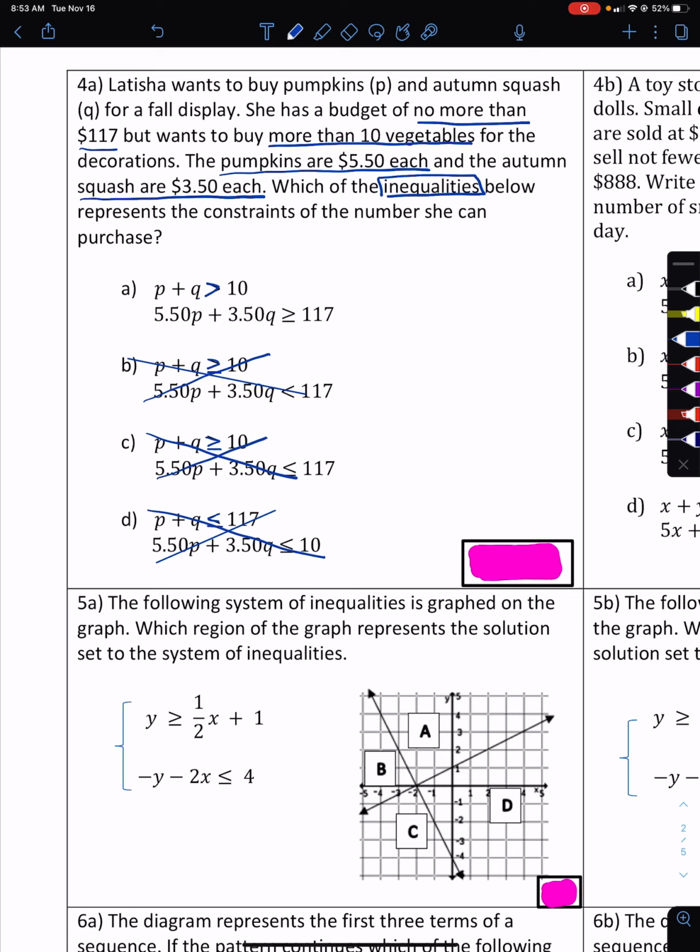Let's just go ahead and check that second equation to make sure that it's true though. So pumpkins cost $5.50. That is true. Squash are $3.50. That is true. We're adding them, and the amount that she spends can be no more than 117. Well, this here says that it can be greater than 117, so that one can't be it. So let's see. I'm going to go back and look at my other answers. Okay, let's see.